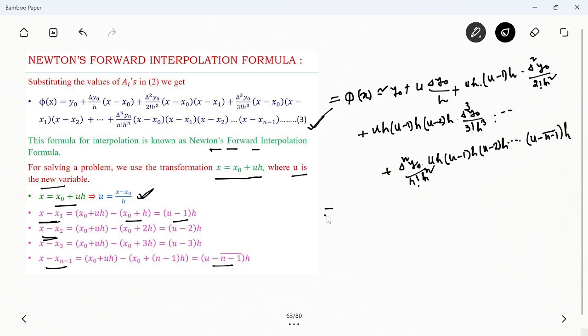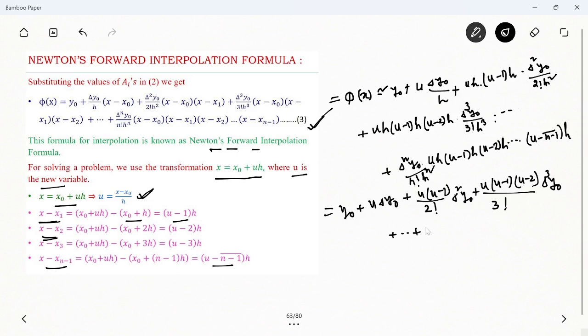If we simplify it, we get y0 plus u into delta y0, plus u into u minus 1 divided by 2 factorial into del square y0, plus u into u minus 1 into u minus 2 divided by 3 factorial into del cube y0, plus and so on up to u into u minus 1 up to u minus (n minus 1) divided by n factorial into del to the power n y0.